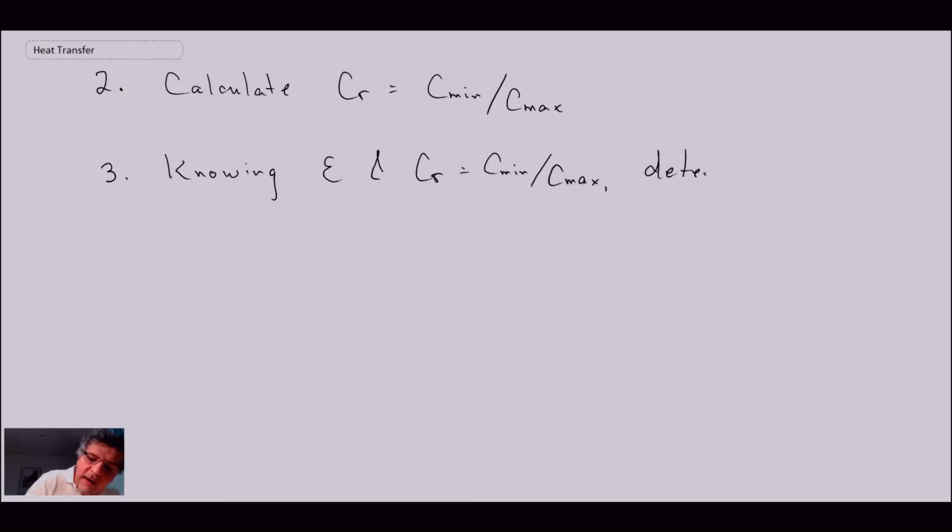With that, you can determine the number of transfer units, and you get that either from appropriate figures or equations. And again, as before, using the equations will yield more accurate results.